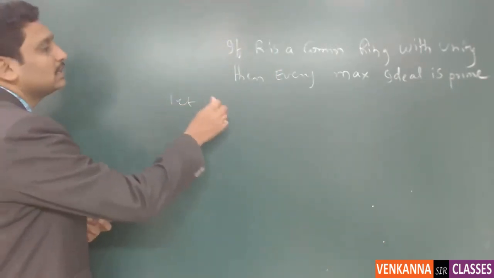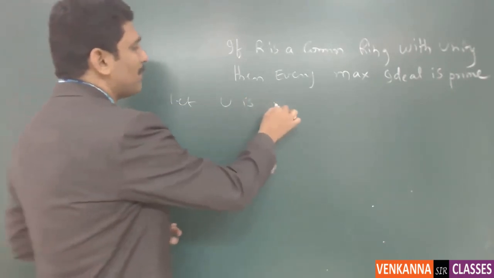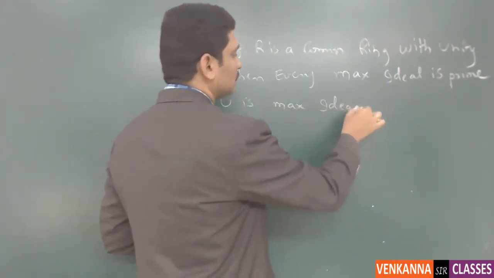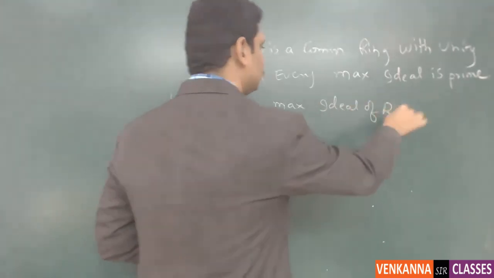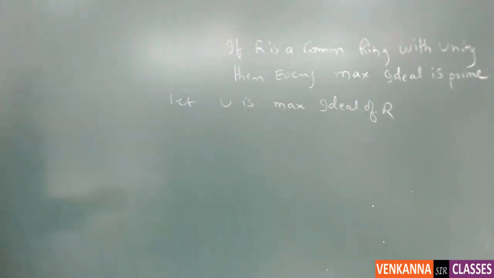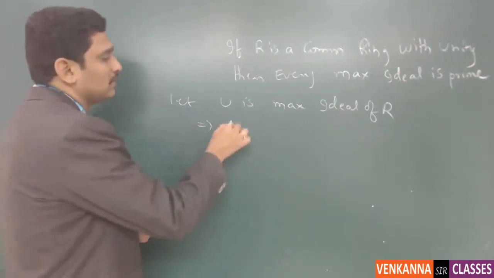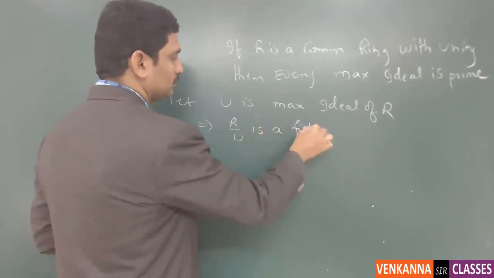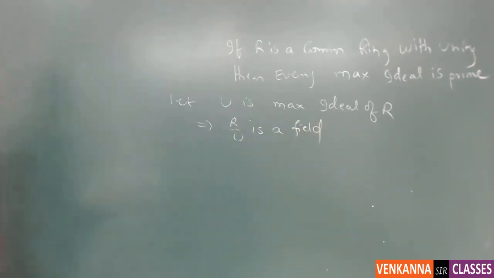You take that U is a maximal ideal of R. Just now we proved that R/U is a field. You accepted all?